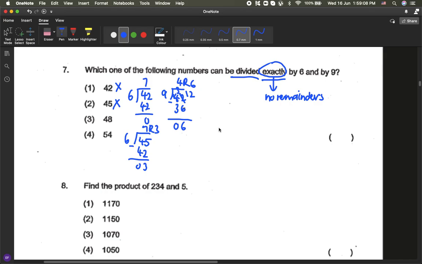Option 3. Can 48 be divided by 6? Yes, it can. 8 times 6 is 48, and we get an exact number, so that's good. But what about 9? Can it be divided by 9? Let's see.